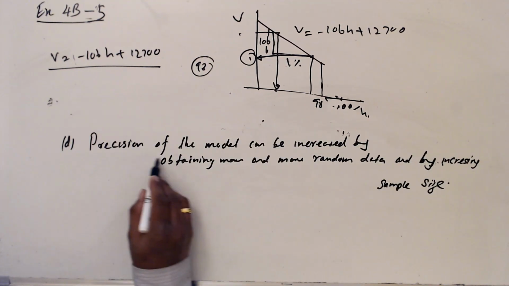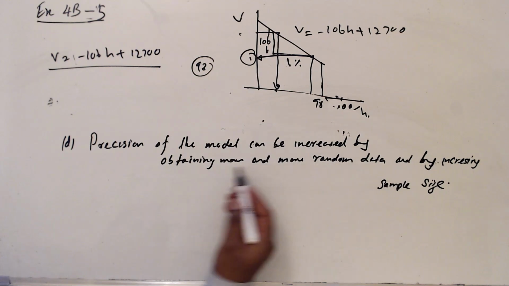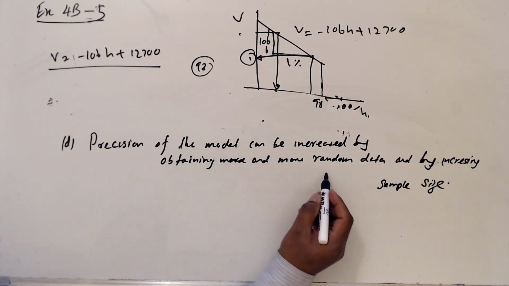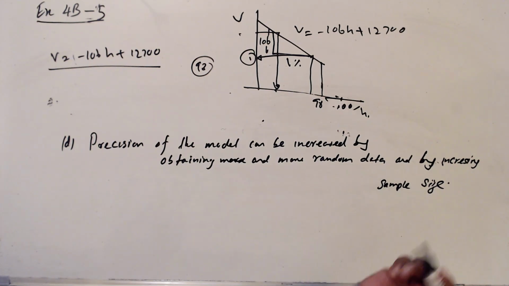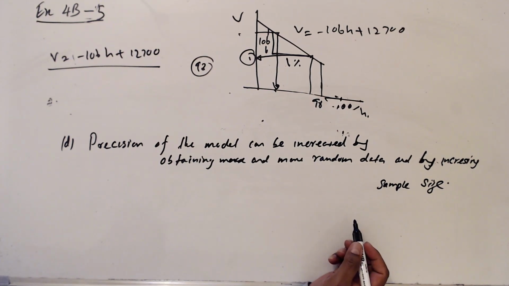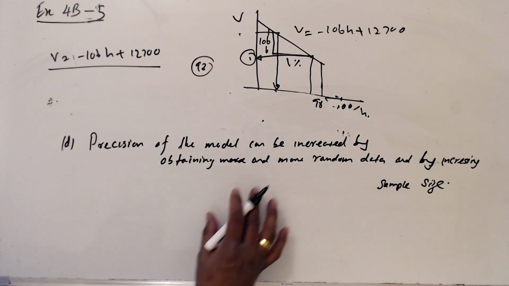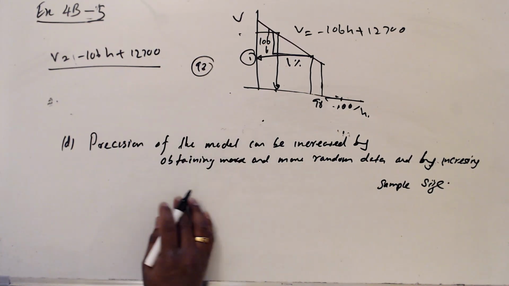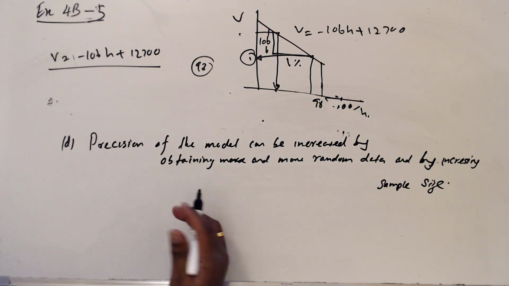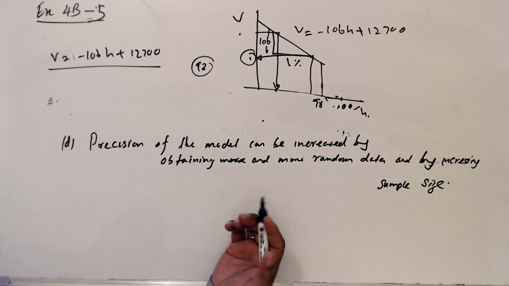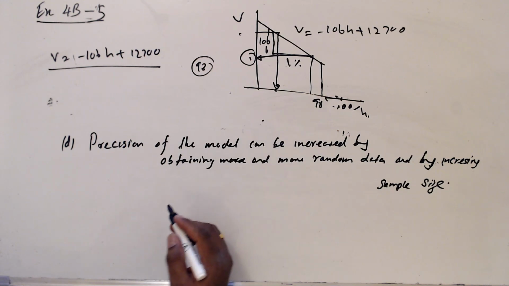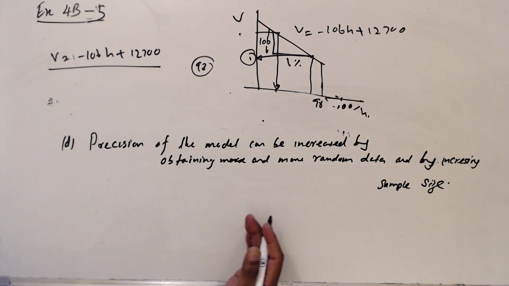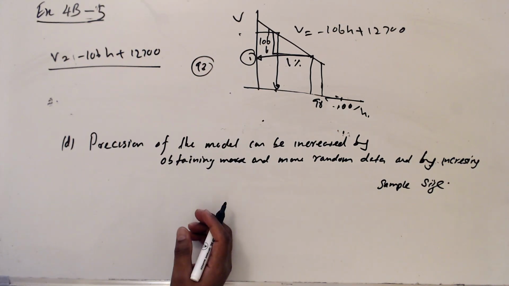So the precision of the model can be increased by obtaining more random data and by increasing the sample size. You have to answer this part relevant to this theme, because accuracy increases when the data is more randomized, as well as when the sample size is increasing.